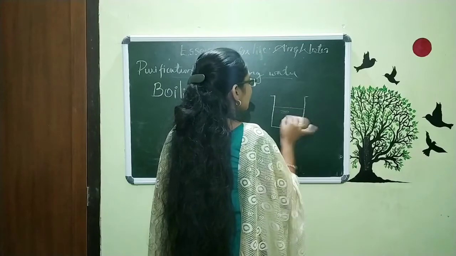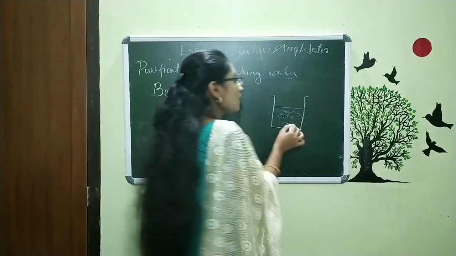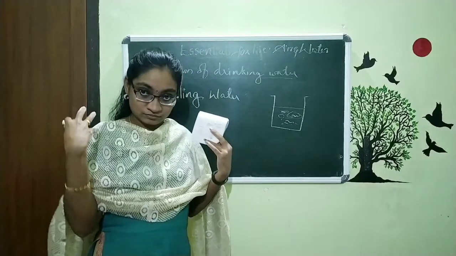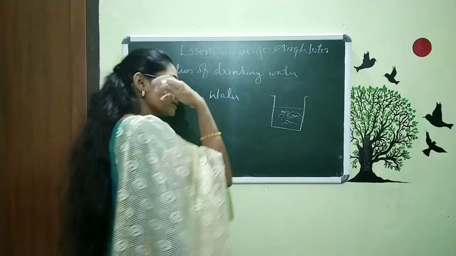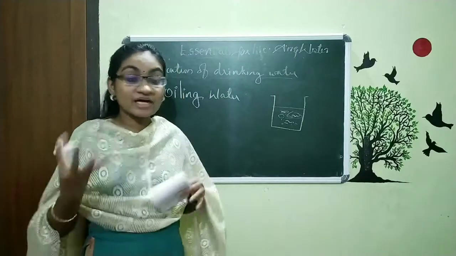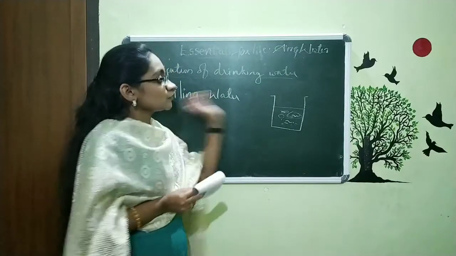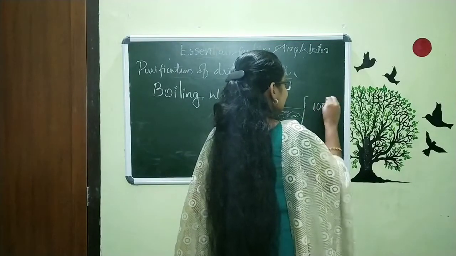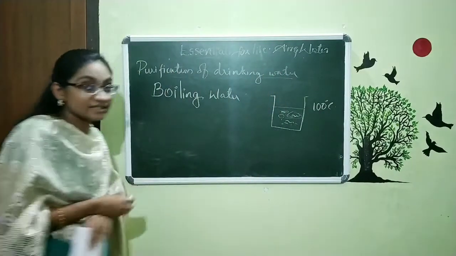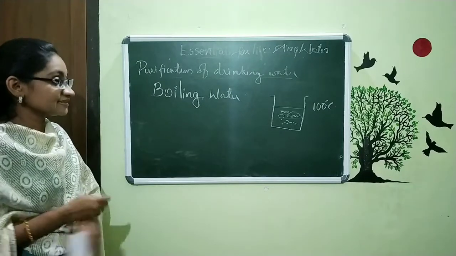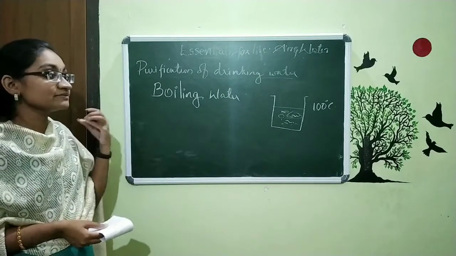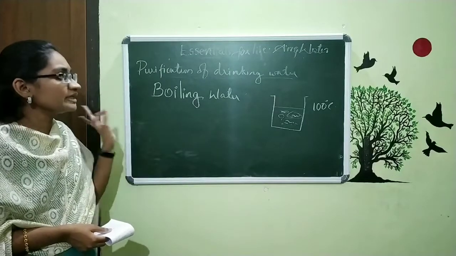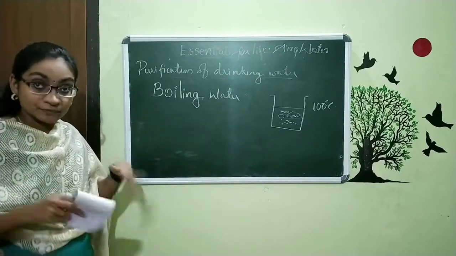All the germs present inside our water are killed because of the high temperature. We know water boils at 100 degrees Celsius. So when it starts boiling, all the germs are killed. That's why we say that by boiling water, we can purify our water.